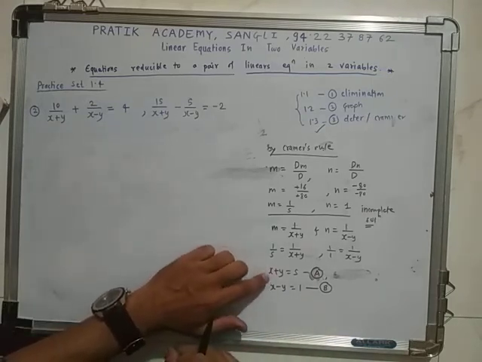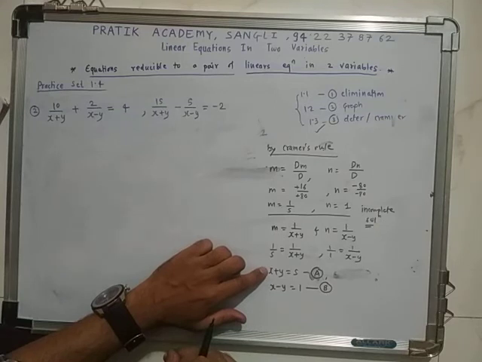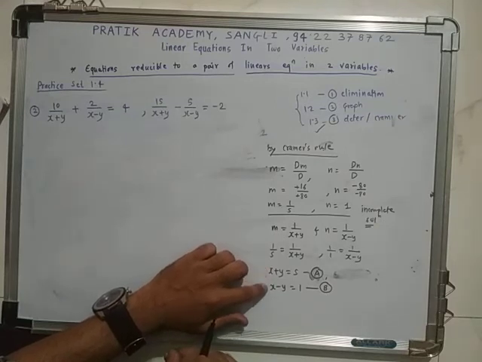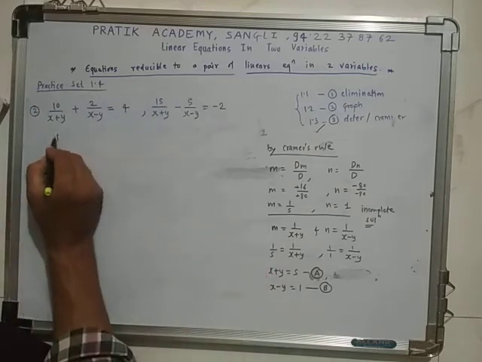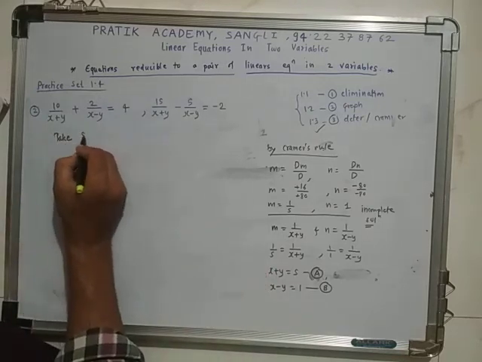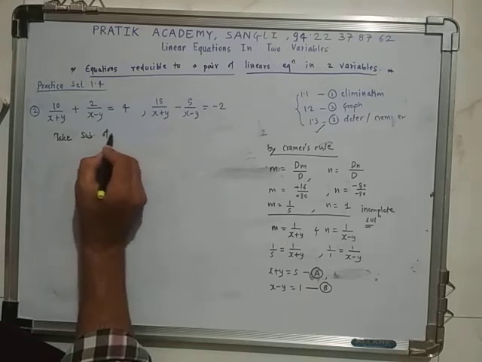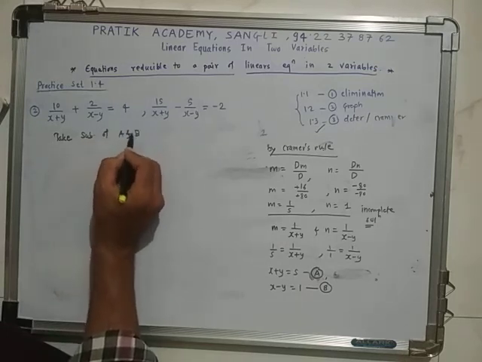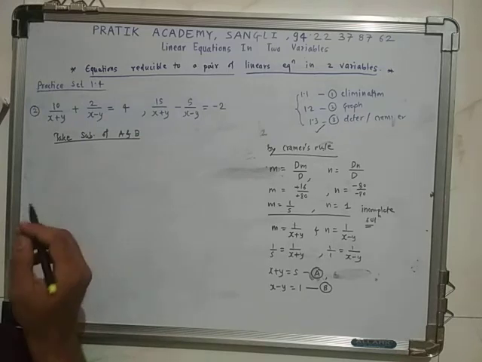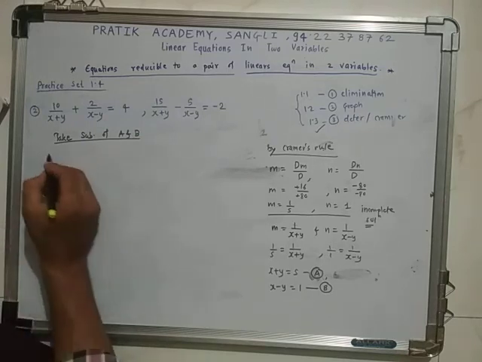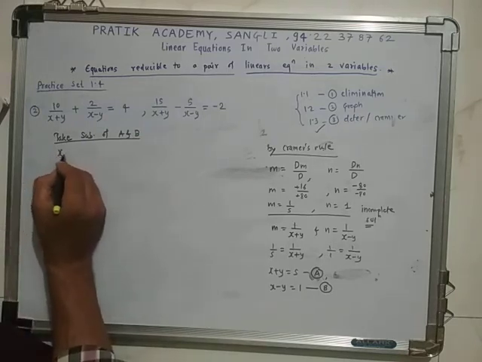Now in equations A and B, coefficients of x are same and signs are same, so we have to go with subtraction. So take subtraction of A and B. तर हा पार्ट इझी आहे, ऑलरेडी आपल्याला झालेला आहे. सो आय एम गोइंग विथ लिटिल फास्ट.